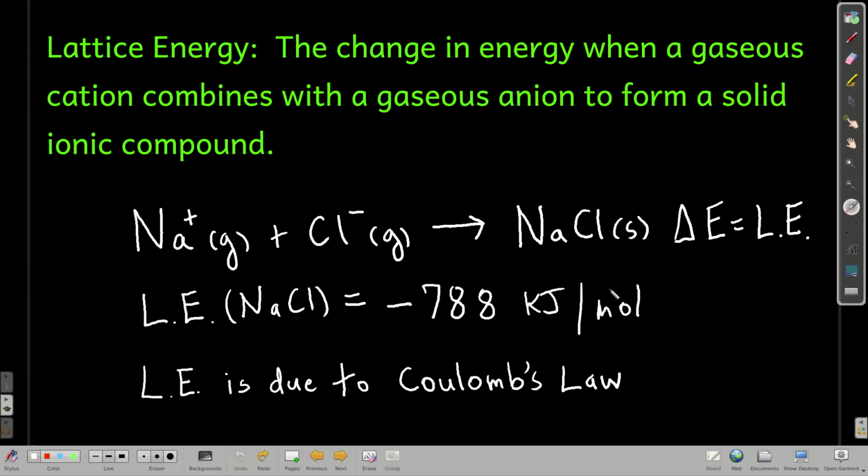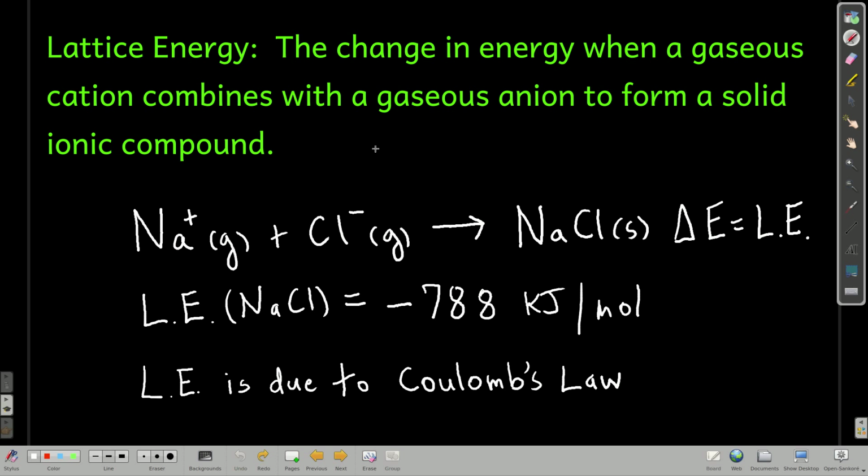And all this really is, is Coulomb's law, but a pretty complicated form of it, because when you bring sodium and chloride together, they certainly release energy, but there are all these interactions not only between this sodium ion and this chloride ion, but also with the neighboring ones.